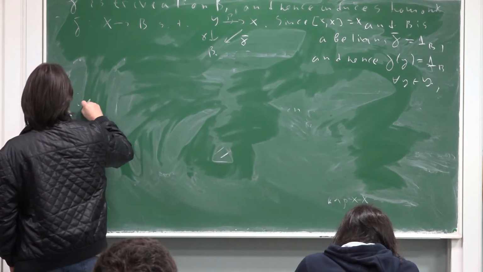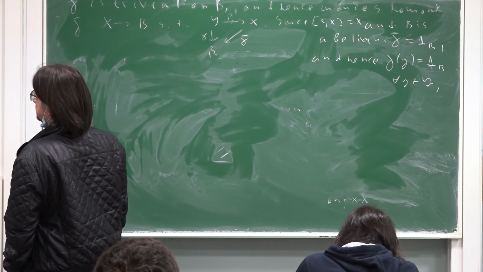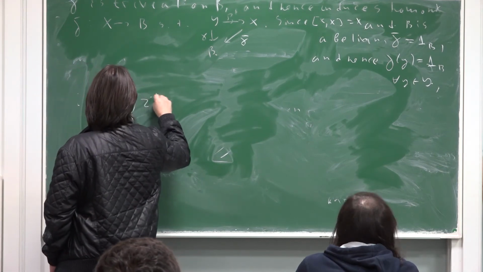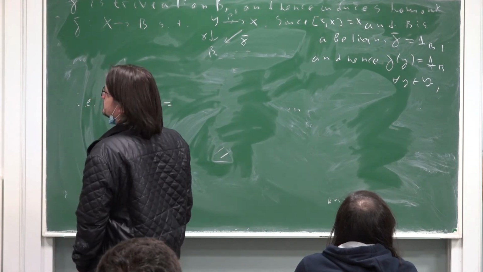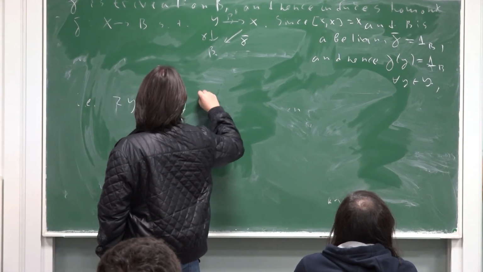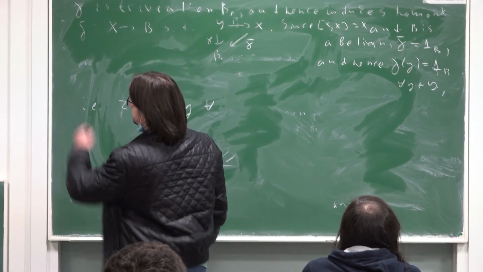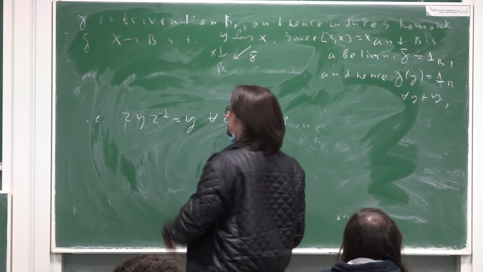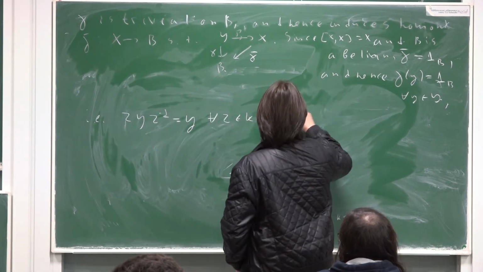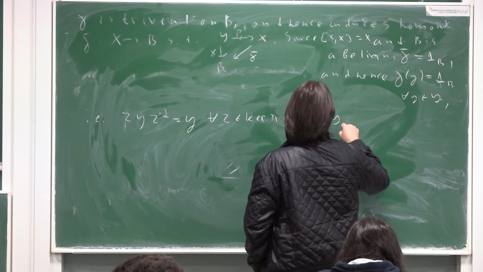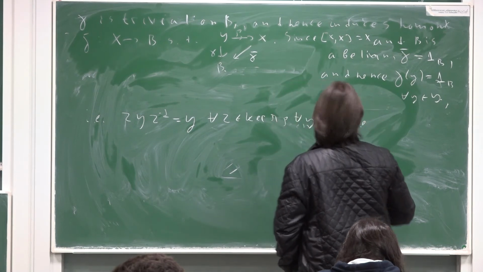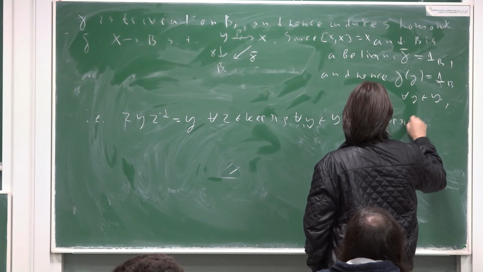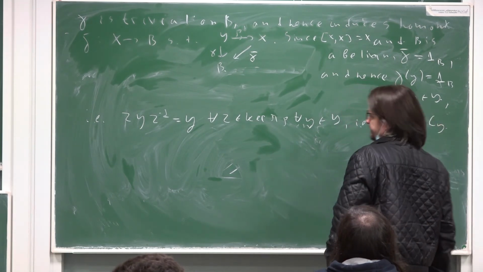And this means that z y z⁻¹ is equal to y for any z from the kernel of πρ, because we take an arbitrary z and any y in Y. And this exactly means that the kernel of πρ lies in the center of Y.